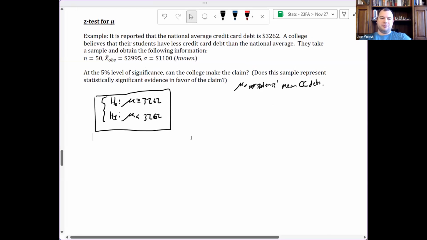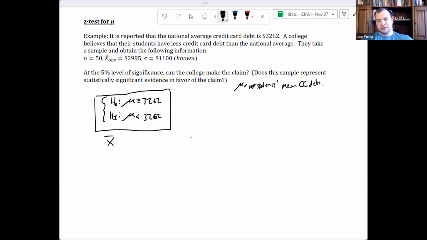So I have a little bit of a problem. If I consider the random variable X bar as the random variable, it's going to be normal, right? N is bigger than or equal to 30, so we can use the central limit theorem here.